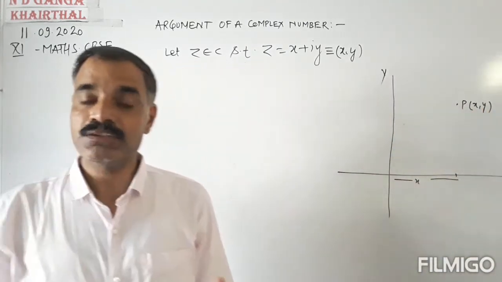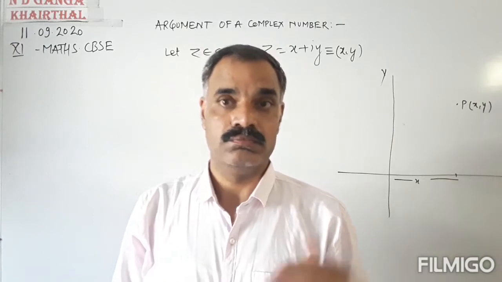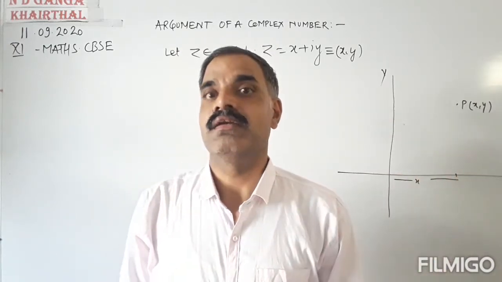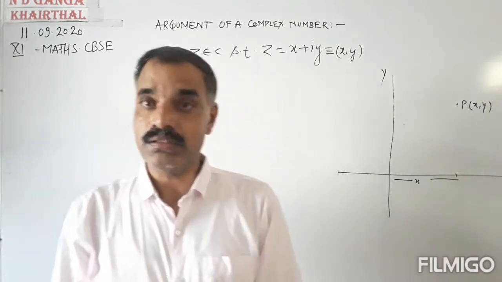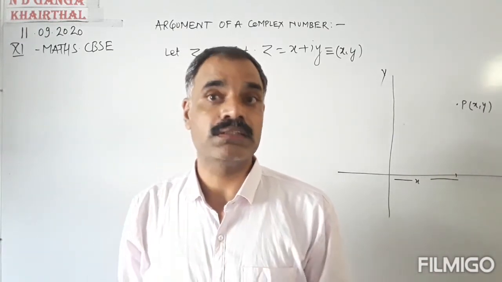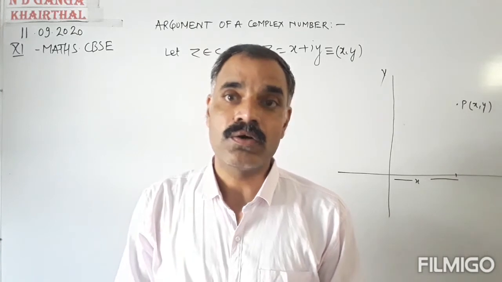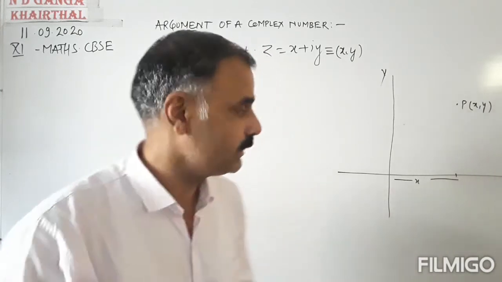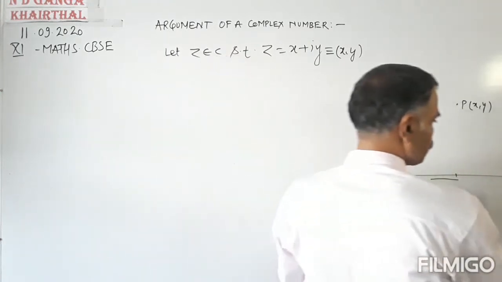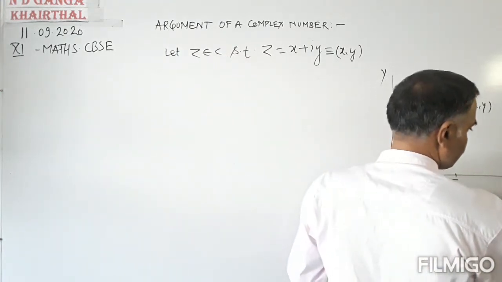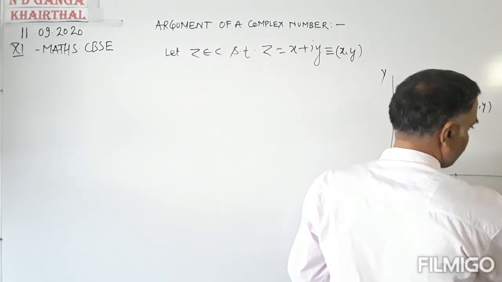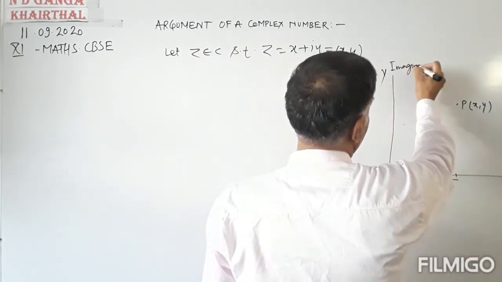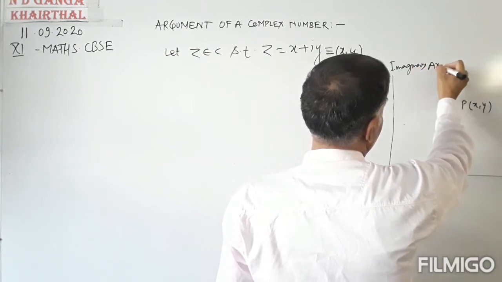As far as ordered pair is concerned, this plane is said to be the Cartesian plane. But as far as complex number is concerned, x is the real part and y is the imaginary part. That is why the x axis is called the real axis, and the y axis is called the imaginary axis.